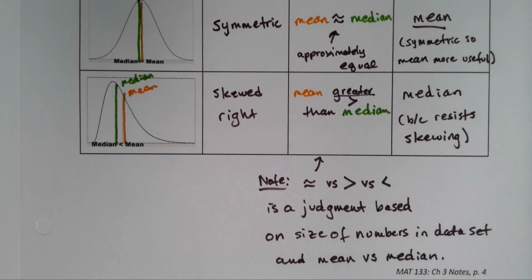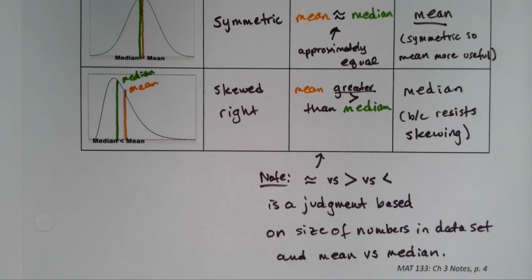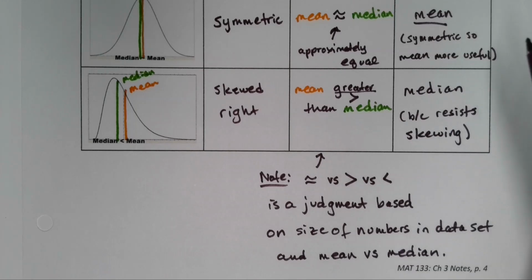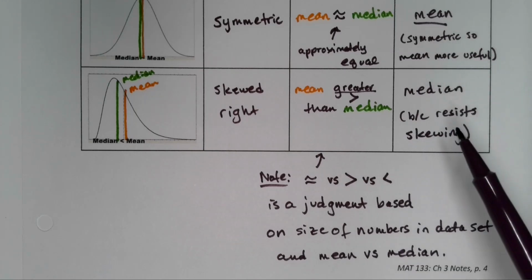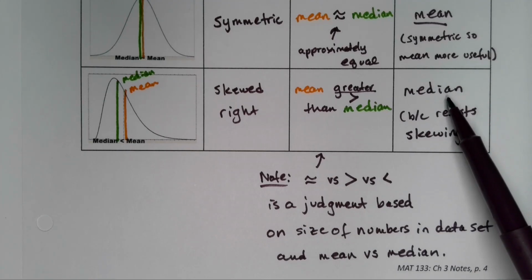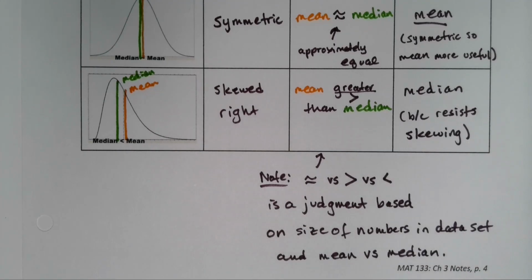So we would rather work with the mean if we can, and we often do work with the mean. We can get away with that when the data set is symmetric. There's a lot of this course that's built on the mean, so if we can use it, we want to. We don't have as much, mathematically speaking, for the median. But the median's better than nothing if your data set is skewed. Then you have to use it.